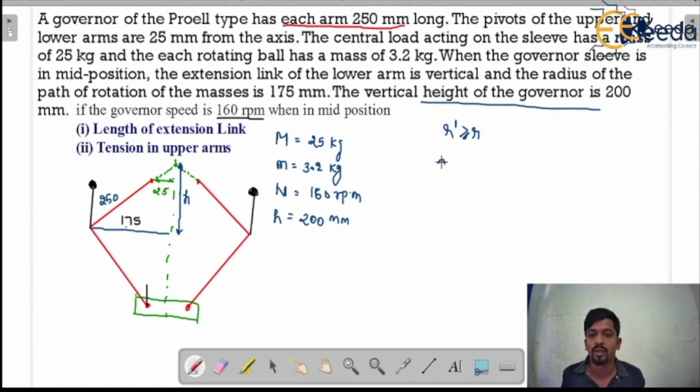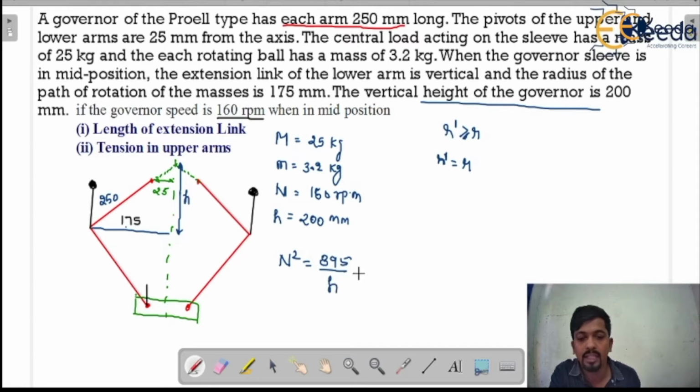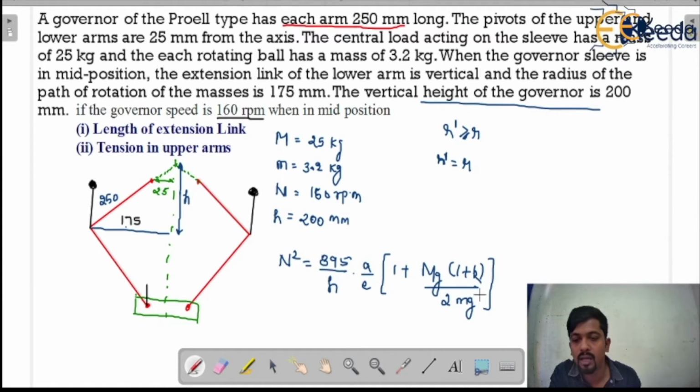So r dash is equal to r, and we have derived the direct formula: N squared is equal to 895 upon h multiplied by a upon e multiplied by (1 plus (mg plus k) upon twice of mg).